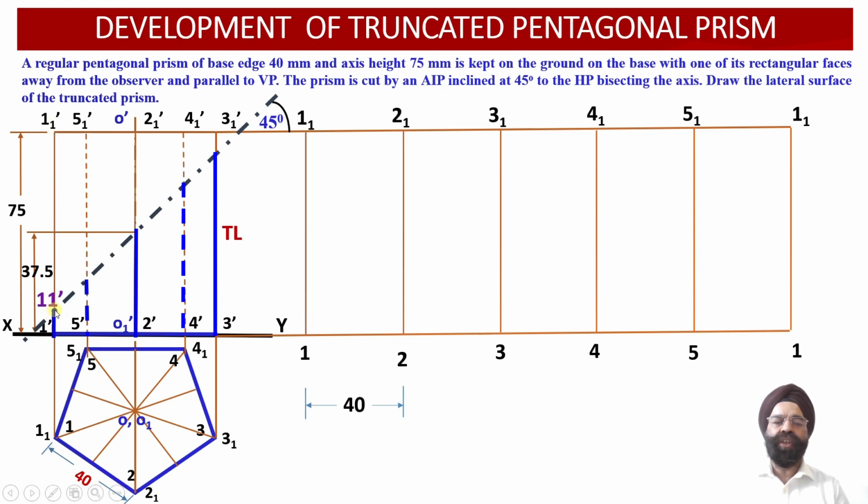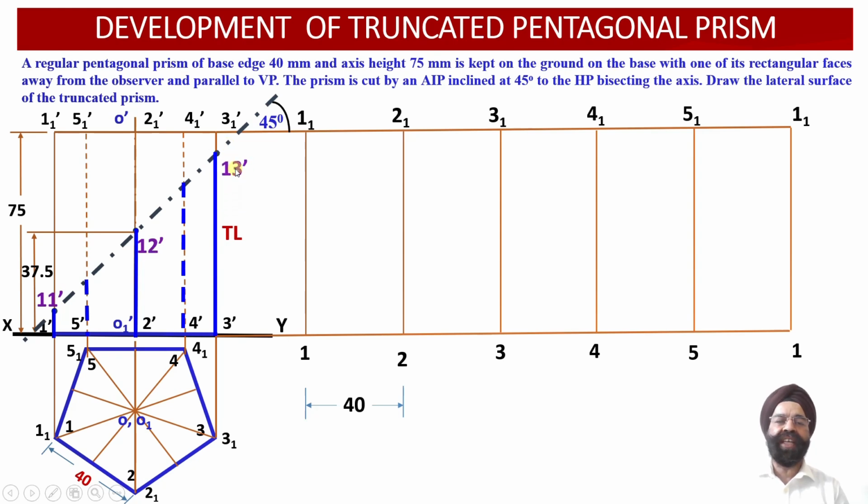The second point of intersection, obtained on the vertical edge 2 1 dash and 2 dash, happens to be point 12 dash. As the cutting plane intersects with this vertical edge 2 1 dash 2 dash, this point of intersection 12 dash has been obtained over here.